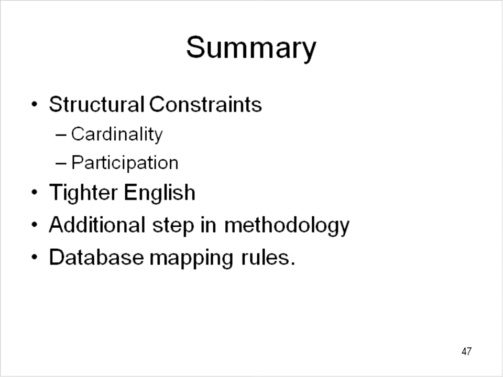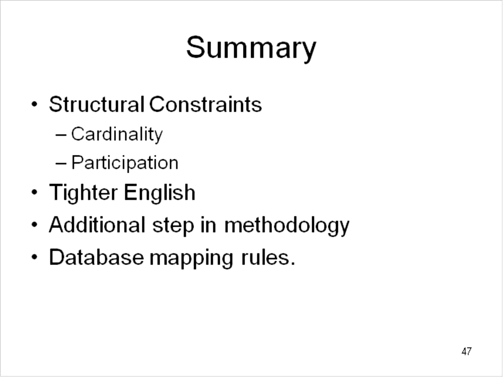So an employee may have many dependents, and many dependents must, being full participation, have an employee. So the participation ratio shows the full or the partial participation, the may or the must.